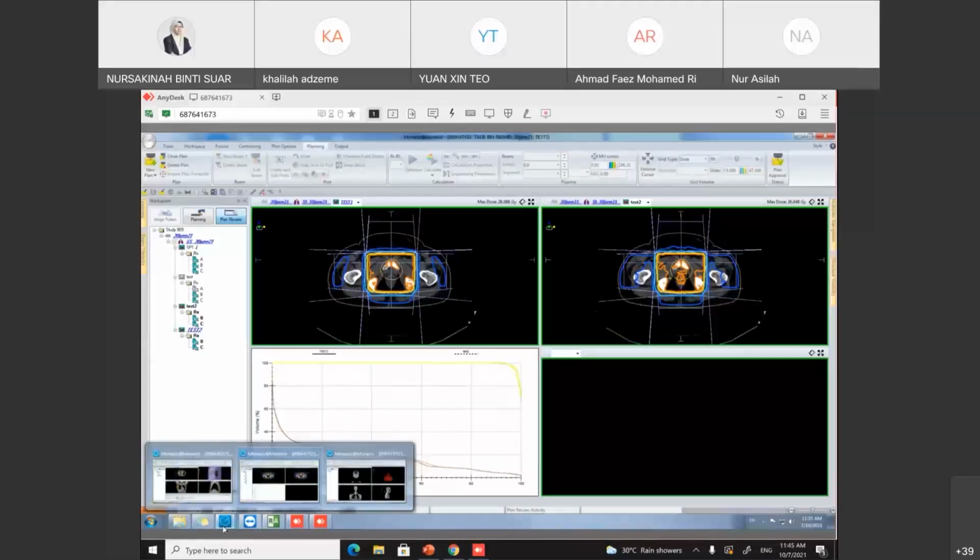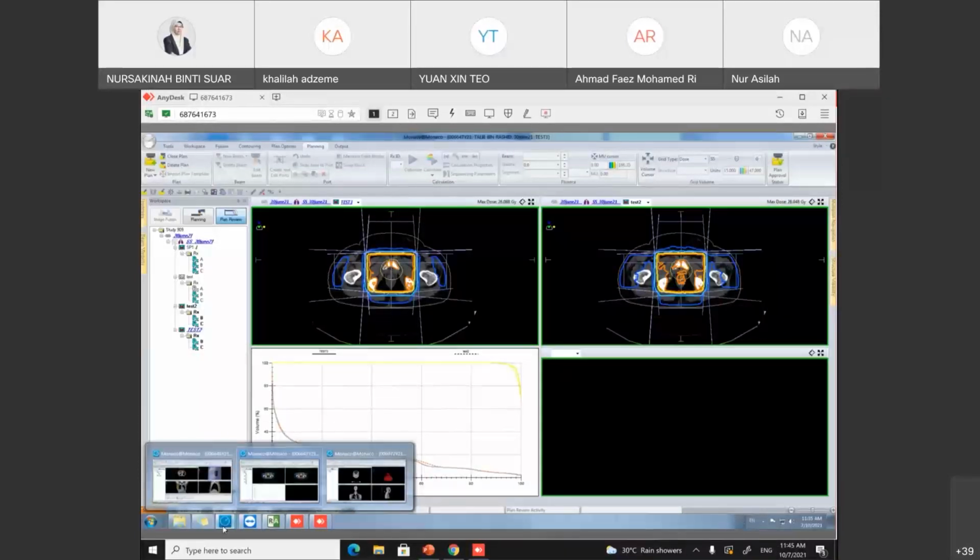Then when the radiobiology scientists did the research, they found that actually they will kill the tumor cells faster than with 2 gray.